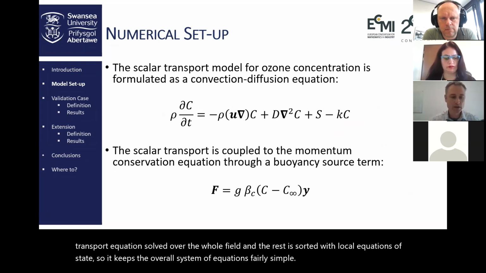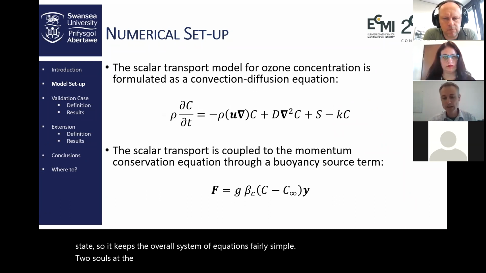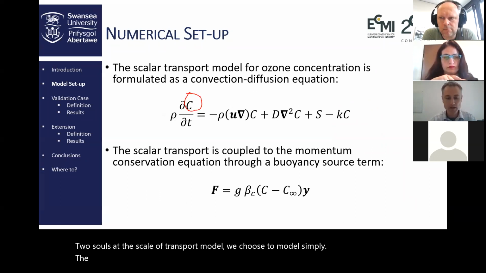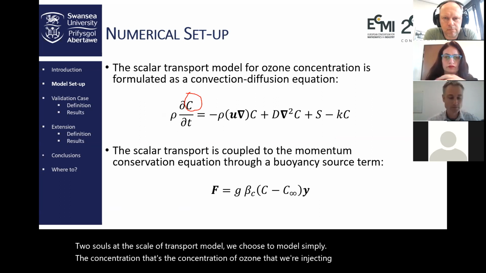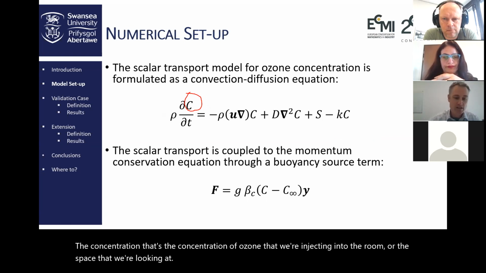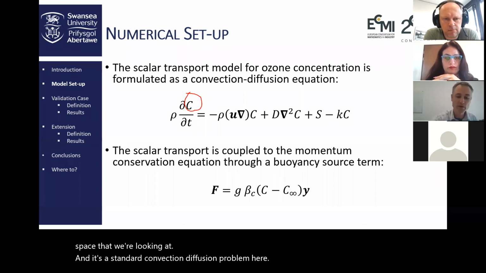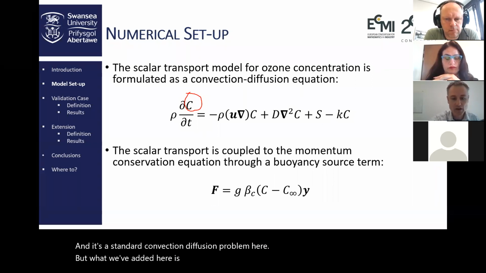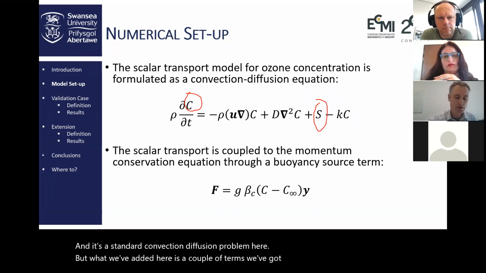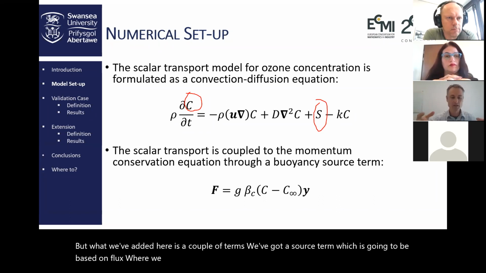To solve the scalar transport model, we chose to model simply the concentration. That's the concentration of ozone that we're injecting into the room, or the space that we're looking at. And it's a standard convection diffusion problem here. But what we've added here is a couple of terms. We've got a source term, which is going to be based on flux, where we inject the ozone into the room.